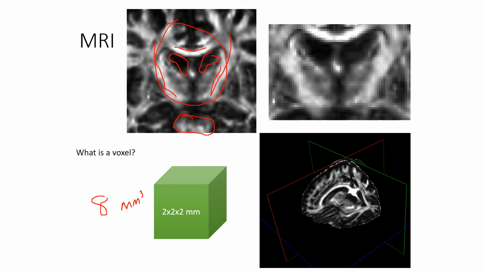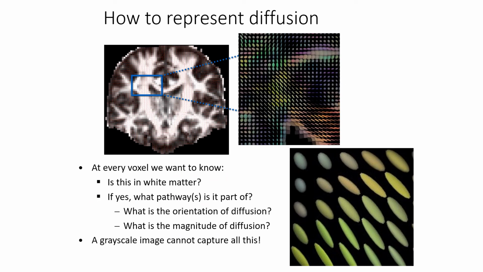So what we're really acquiring are voxels in each spot, each pixel. It's a volumetric pixel. And we want to understand, for each voxel, what does diffusion of water look like? We can do that within white matter and gray matter. One of our first questions is, is this gray matter or white matter?